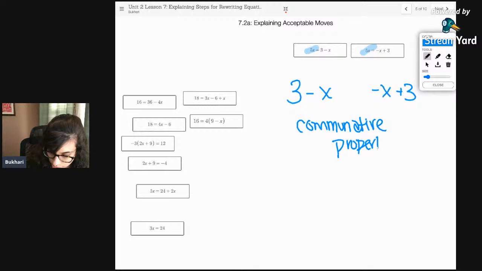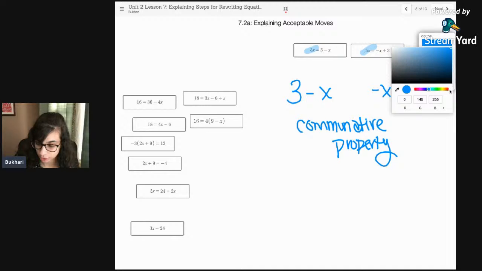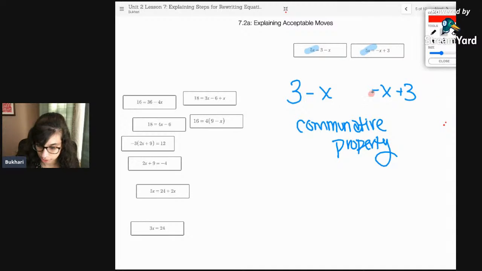When it comes to addition and multiplication, we can change how we write our numbers, right? It could be 3 minus x or negative x plus 3. You notice that the signs of the terms are still the same. This is negative, this is negative. This is positive, and 3 is still positive. And so you're not changing anything, you are just switching the sides.